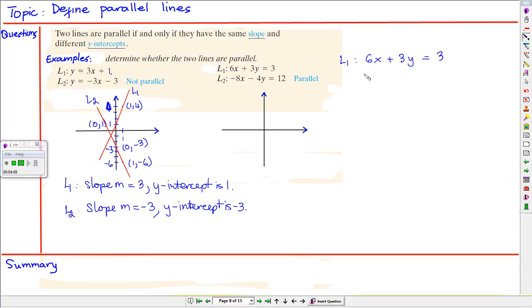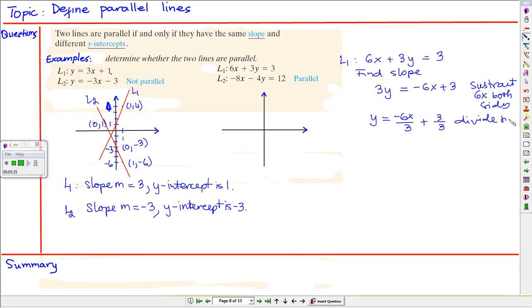So I can find the slope. To find the slope, we are going to solve for y. We subtract 6x from both sides, so we have 3y equals negative 6x plus 3. Then next, we divide both sides by 3, so y equals negative 6x over 3 plus 3 over 3.